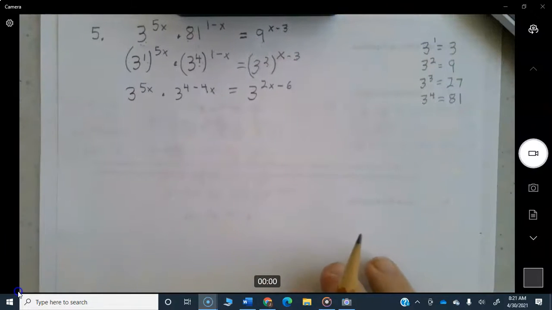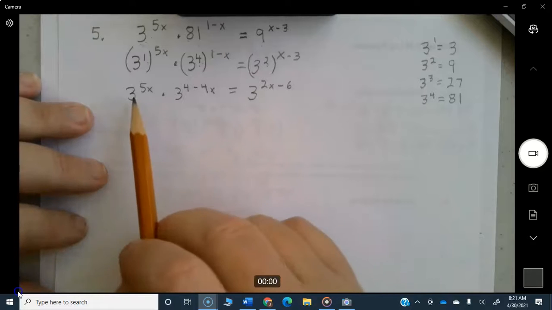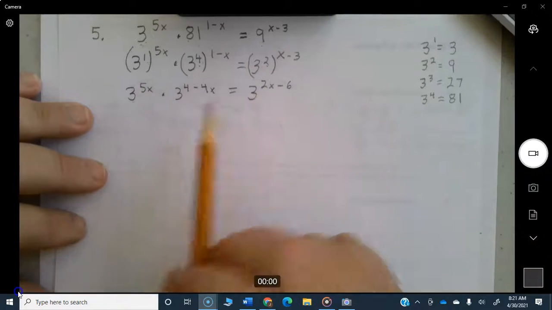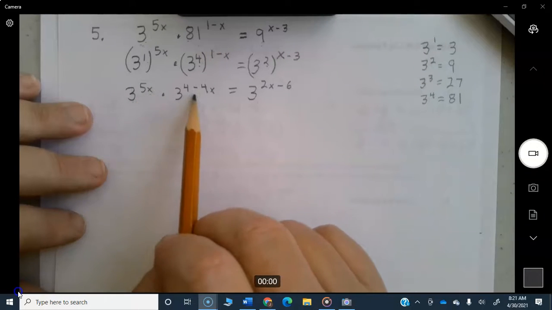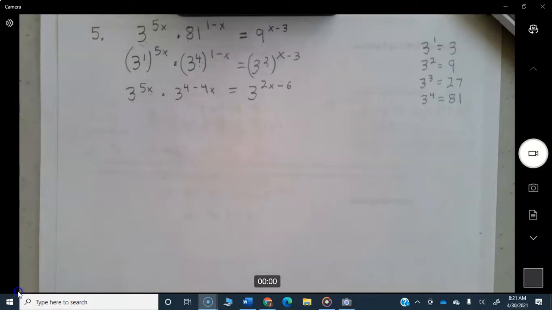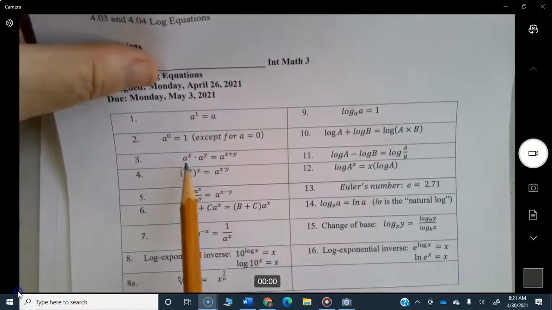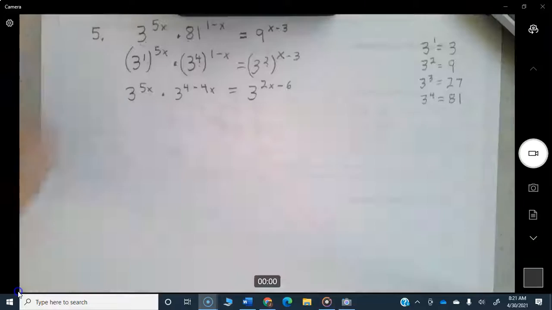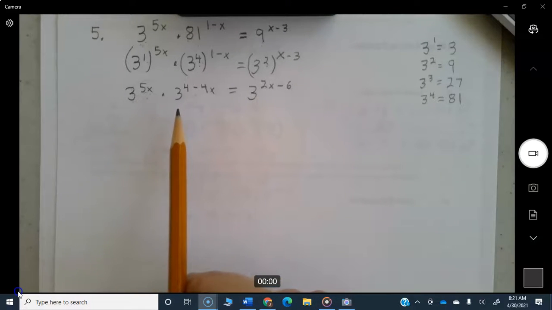So now we have everything distributed there. So again, if we have common bases, then all the exponents, we can simply set them down. So 3 to the 5x times 3 to the 4 minus 4x, what do you do with that? They have a common base there, so that's the same as a to the x times a to the y equals a to the x plus y. So you're going to add those two exponents together, and you bring them out.